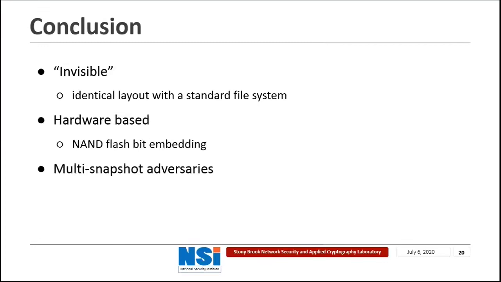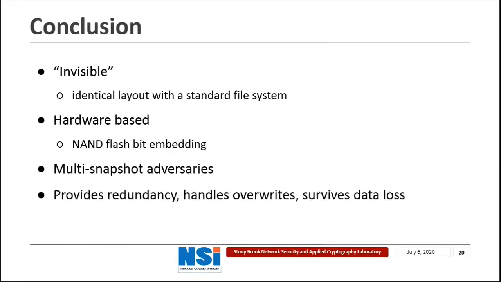INFUSE stores hidden files in the out-of-band storage bits in NAND flash so that even the multi-snapshot adversaries who can access the NAND flash device several times cannot detect the existence of the hidden data and the use of INFUSE. And INFUSE also provides redundancy, handles overwrites, and survives data loss.